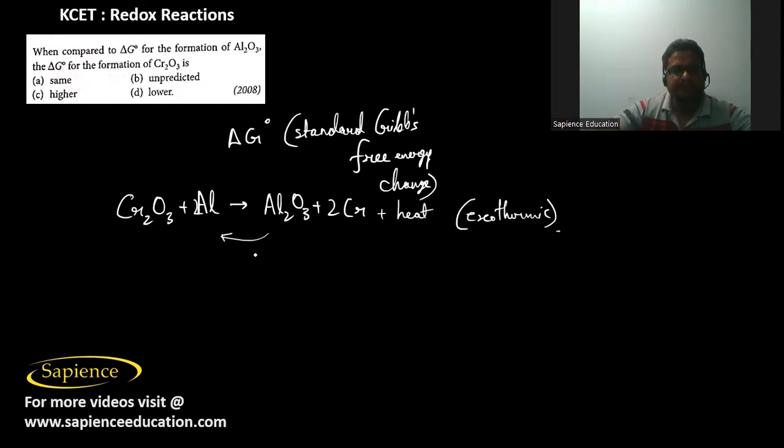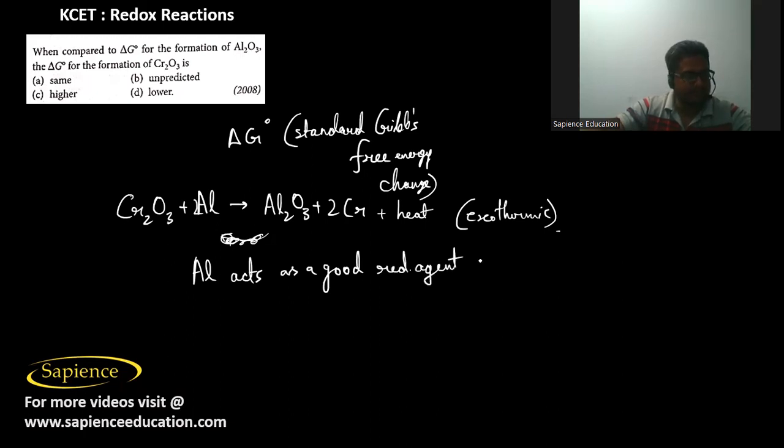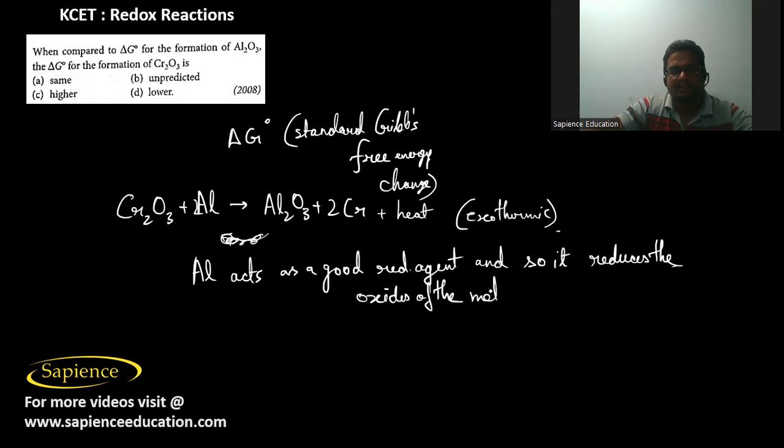Now here the rule is that aluminum acts as a good reducing agent, and it reduces the oxides of metals like chromium, iron, manganese, etc. So it will reduce their oxides to form the respective metals.